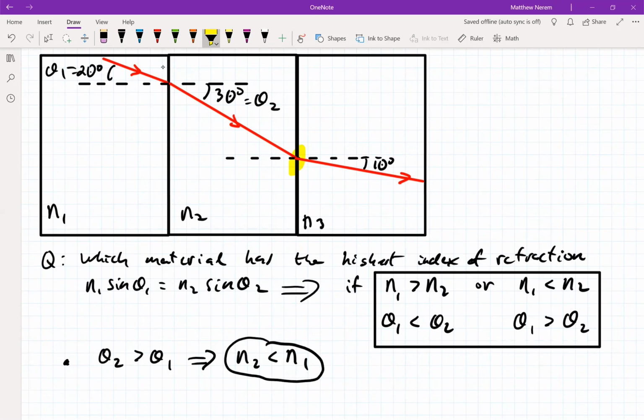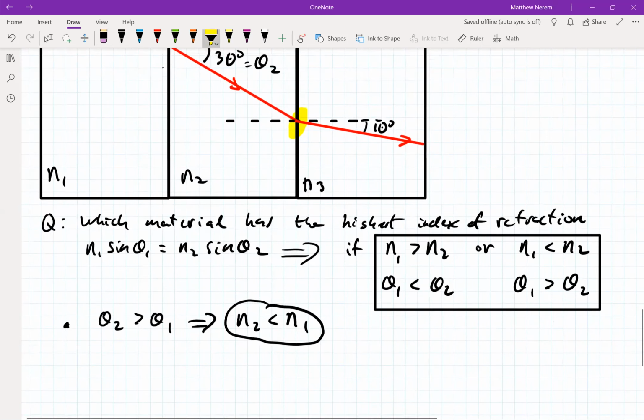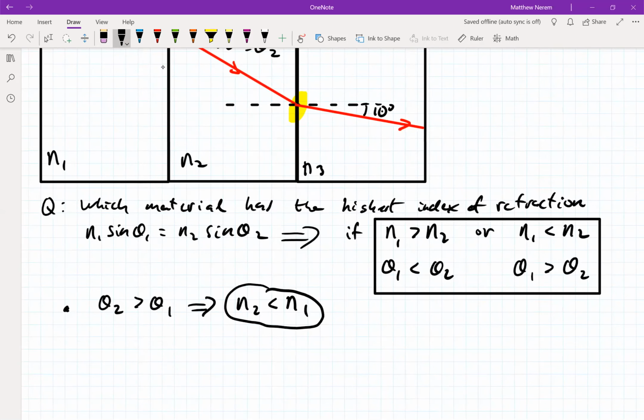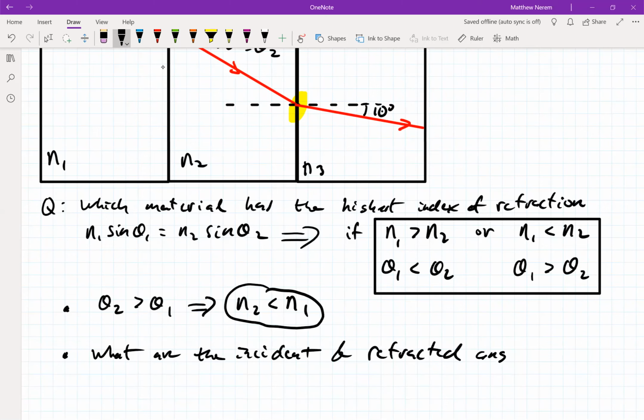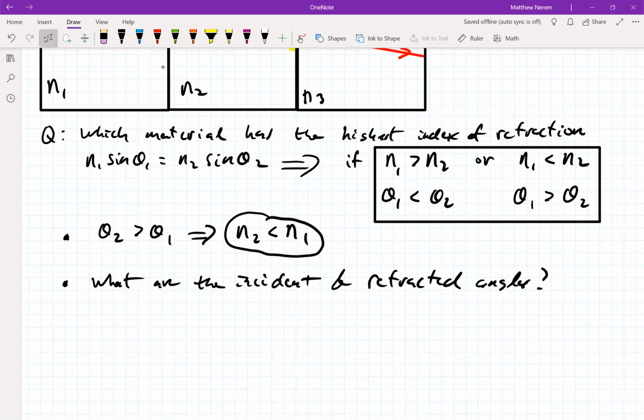So now let's do this guy. What are the incident and refracted angles at the n2, n3 boundary?